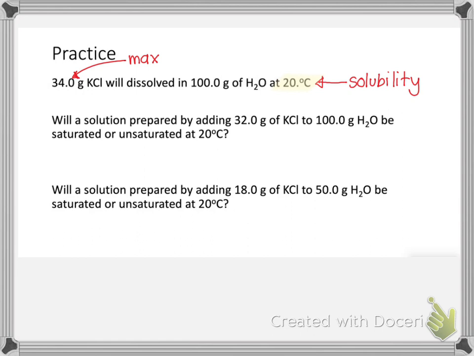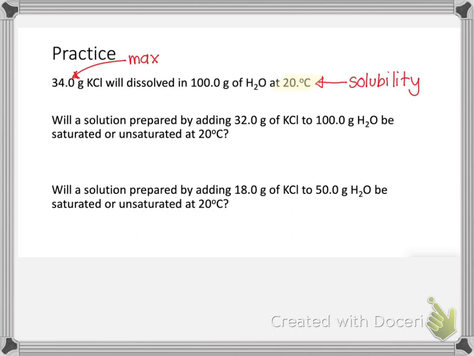I know that sometimes in the homework, they will have two solubilities, like they might show you one at 20 degrees and one at 50 degrees. And then in the problem, it's going to tell you either it's at 20 or 50. And the important thing here is if your problem's at 50, you need to compare it to the solubility at 50. So you would just need to make sure the temperatures are the same.